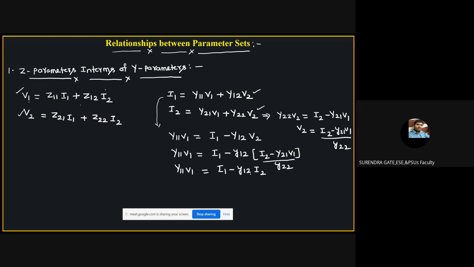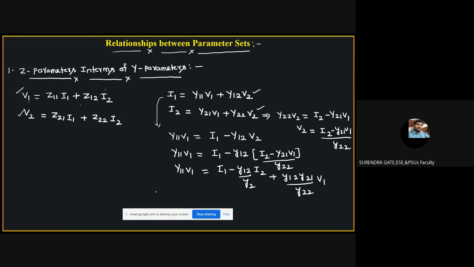Y12 by Y22, I am multiplying into I2, minus into minus plus, Y12 into Y21 by Y22 into V1. Then you can bring this to this side.